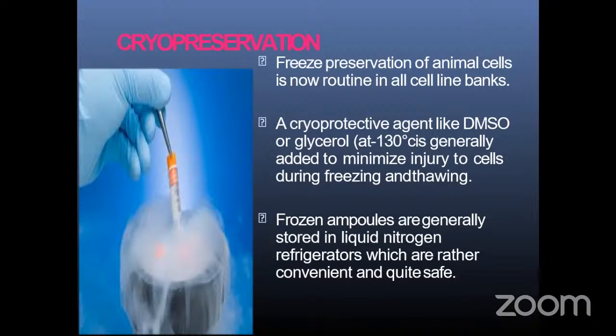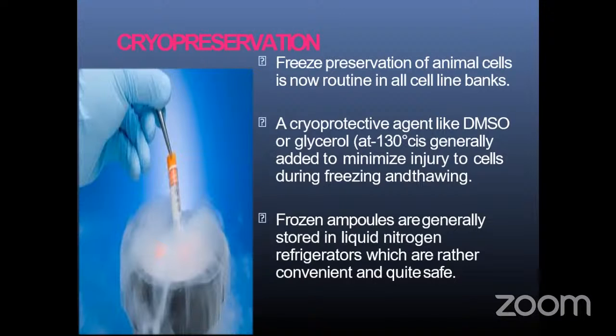There are cell line banks, and usually big labs will also have a liquid nitrogen facility for cryopreservation. A cryoprotective agent like DMSO or glycerol should be added to minimize the injury to the cells. There are two techniques, freezing and thawing. Freezing means keeping in a very cold condition.